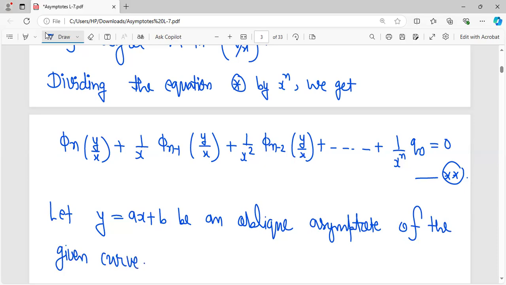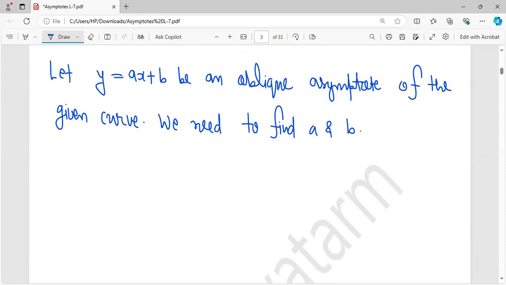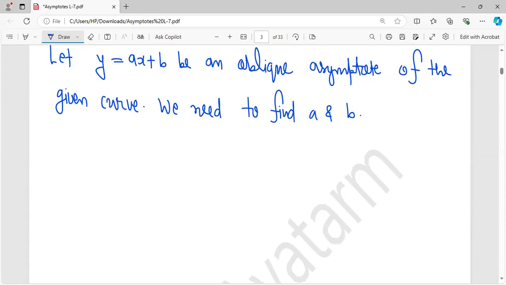So we need to find a and b. If we can find the values of a and b, then we will have the oblique asymptote of the given curve. We need to find it somehow.